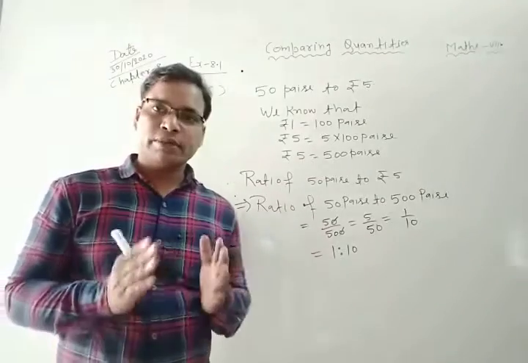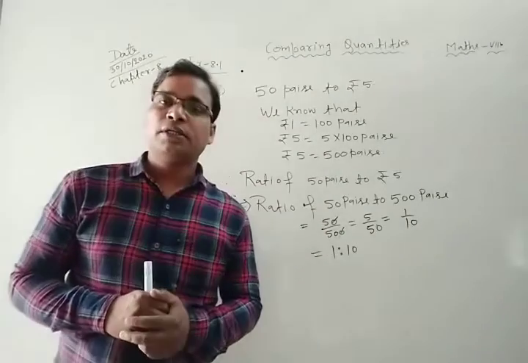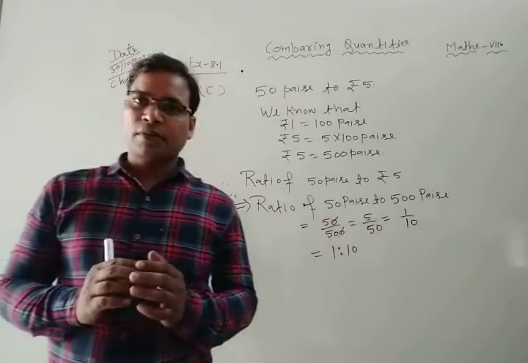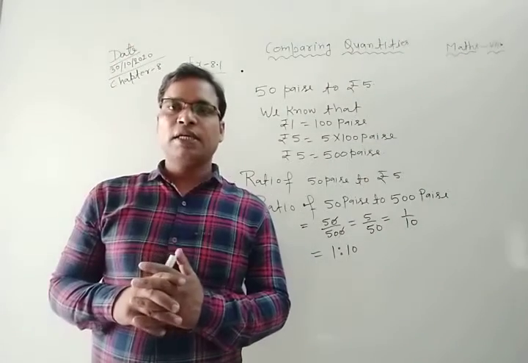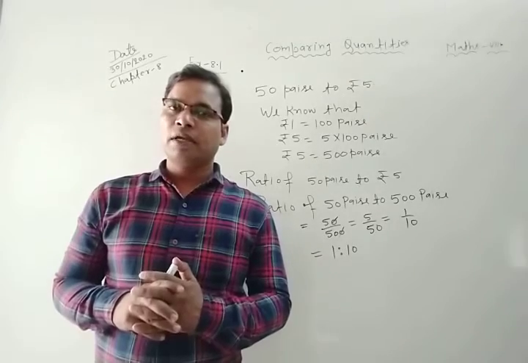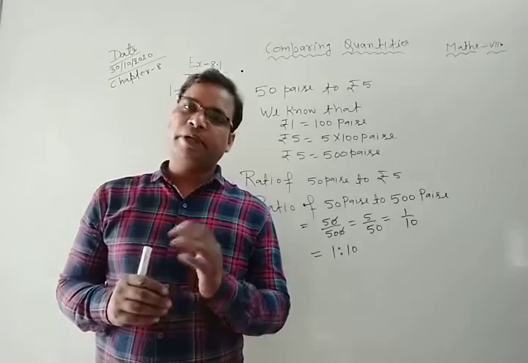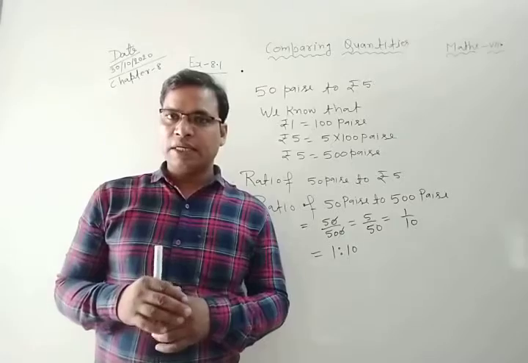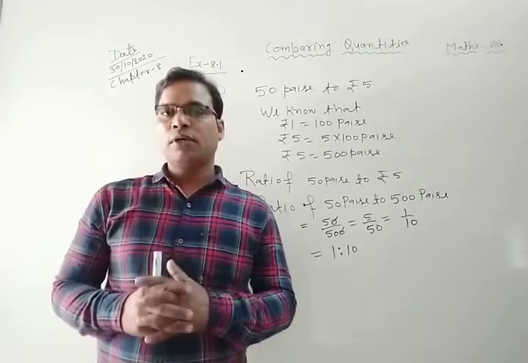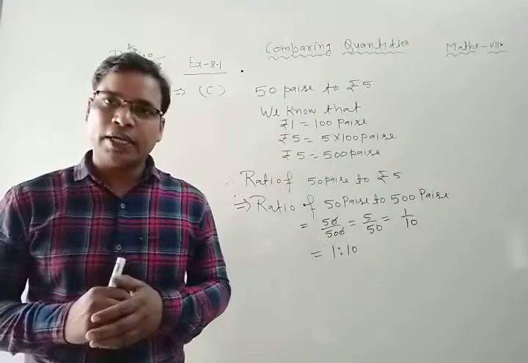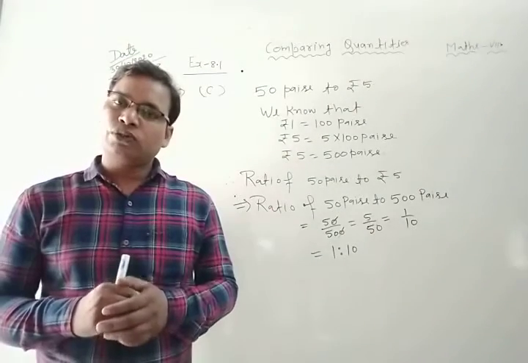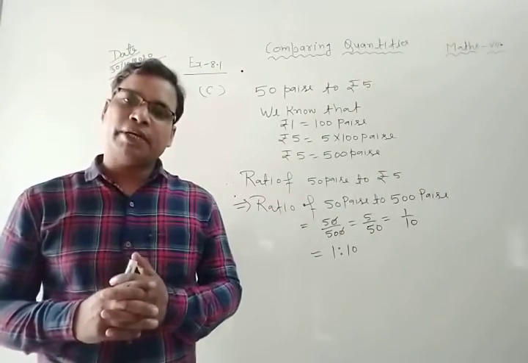In this question, it is given that we need to find the ratio of 50 paise to 5 rupees, but here you can see the quantities are not the same. So first we convert rupees into paise, and as you know, 1 rupee is equal to 100 paise, so 5 rupees is equal to 500 paise.